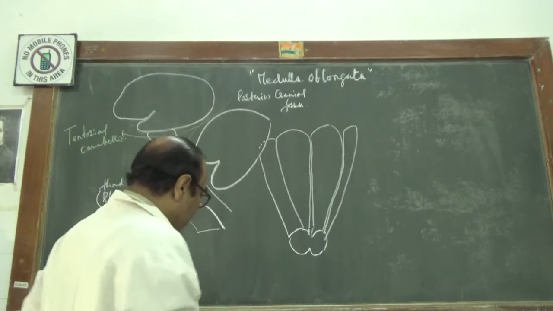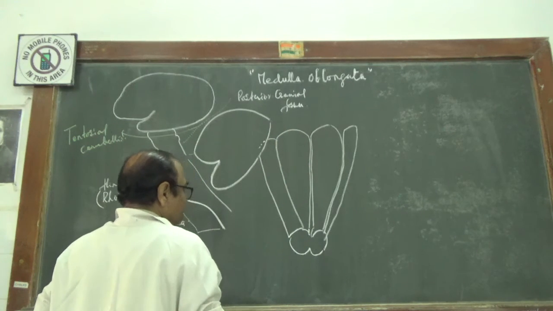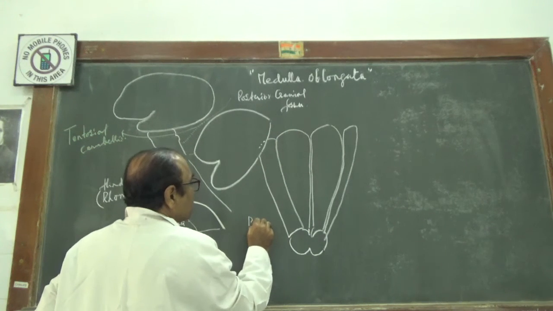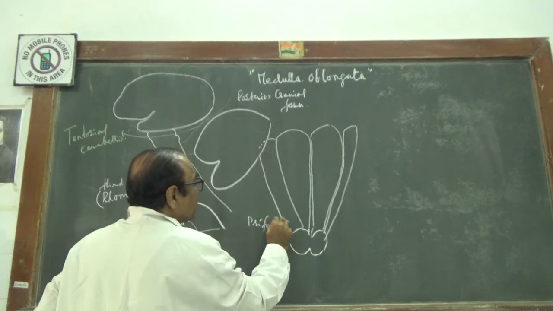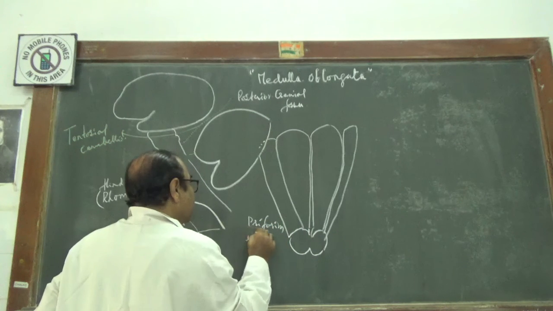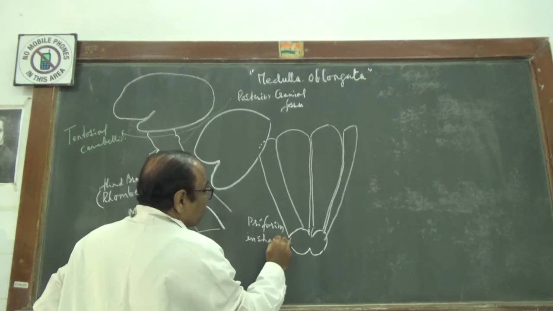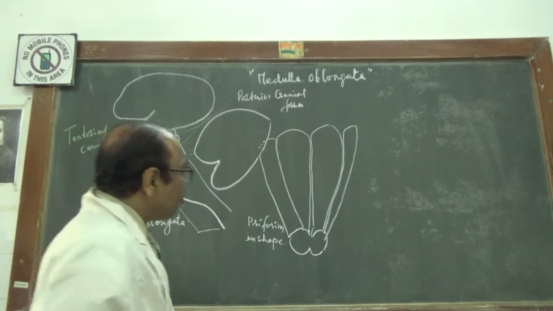So it is almost piriform in shape. This you can say is medulla oblongata.